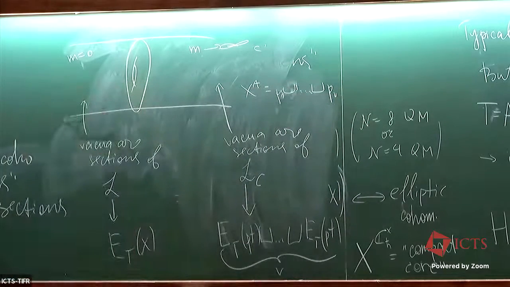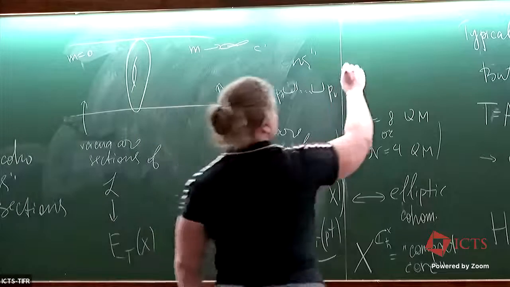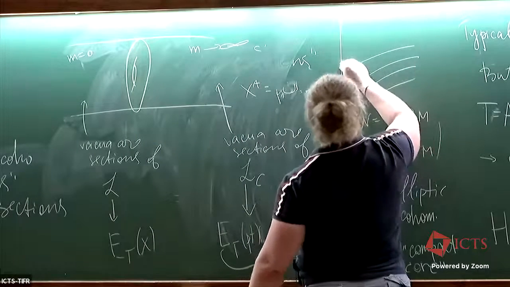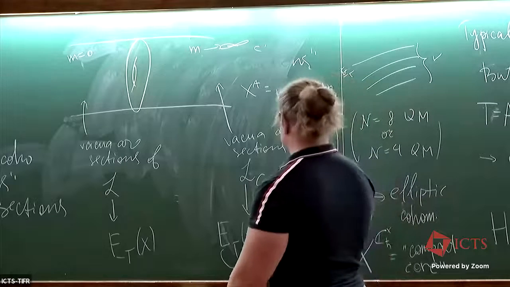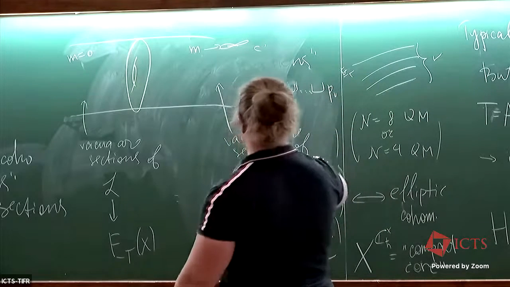So such identifications never happen. So in the presence of masses, I just have a picture like this, just copies of ET and there are V of them. And so there's this disjoint union and a line bundle over each of them.